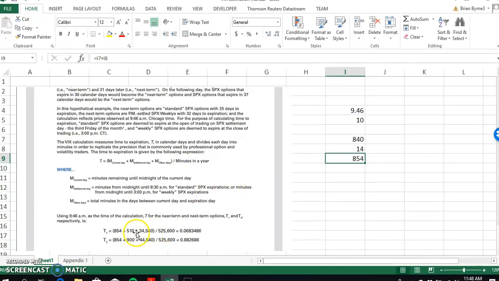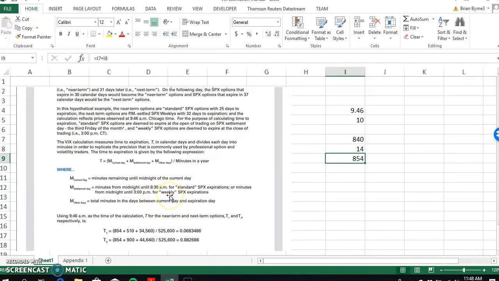It actually turns out it's not the case, because there are both weekly S&P 500 options and monthly S&P 500 options. And when there's a weekly S&P 500, we don't have a monthly. And when there's a monthly, which is normally the third Friday of the month, then we don't have a weekly expiry. So the settlement, if we look here, is minutes from midnight until 8:30 for standard SPX expirations, and minutes from midnight until 3 for weekly.